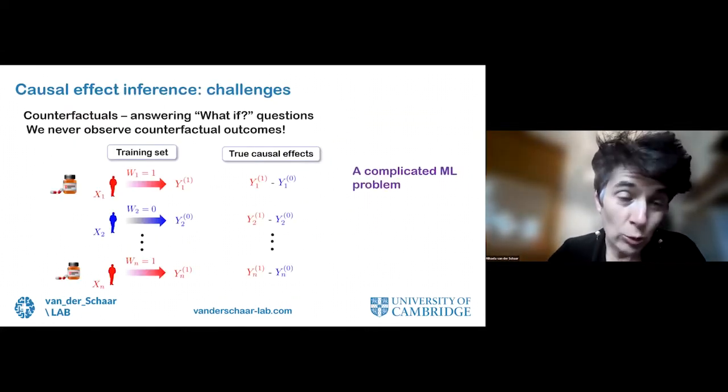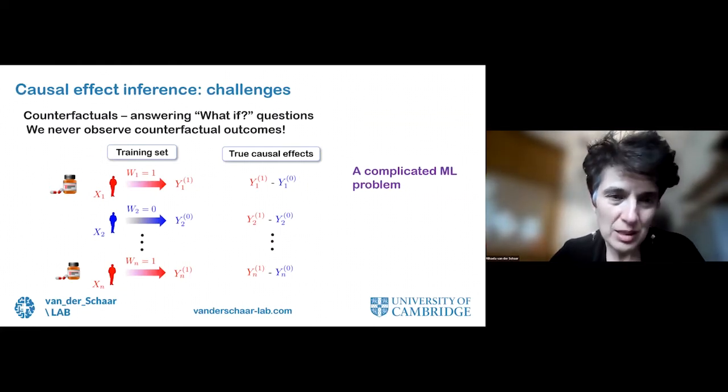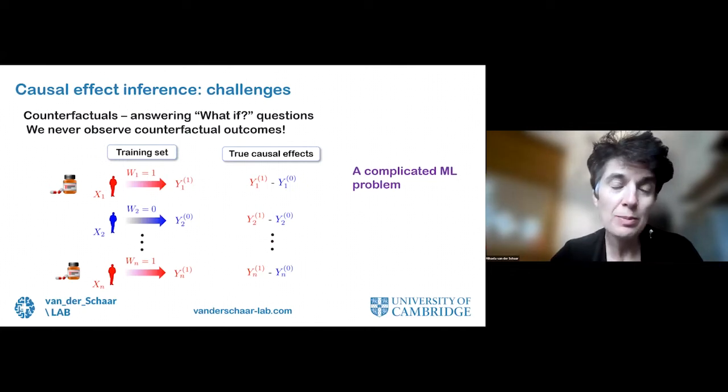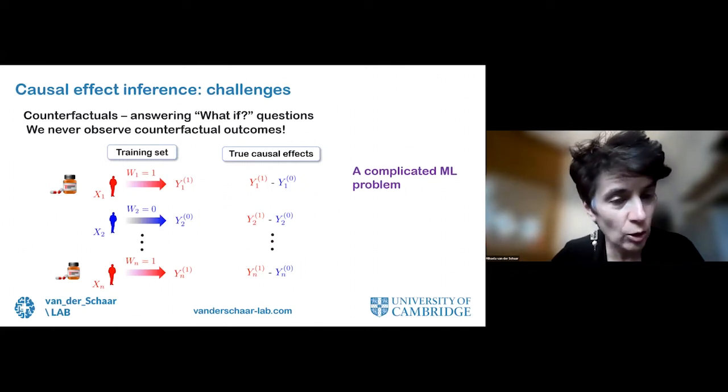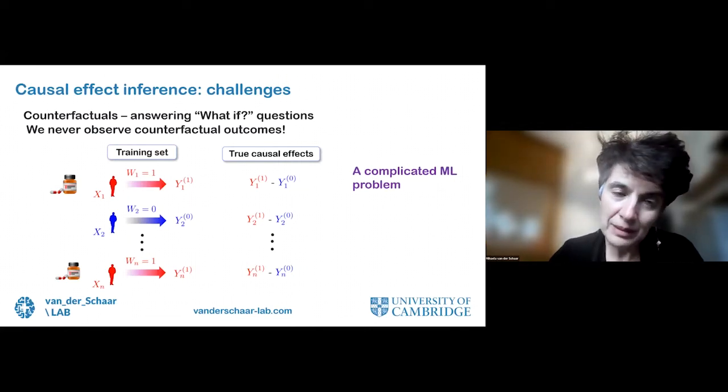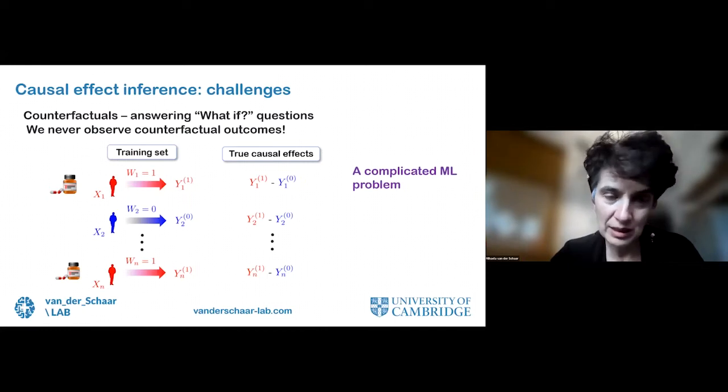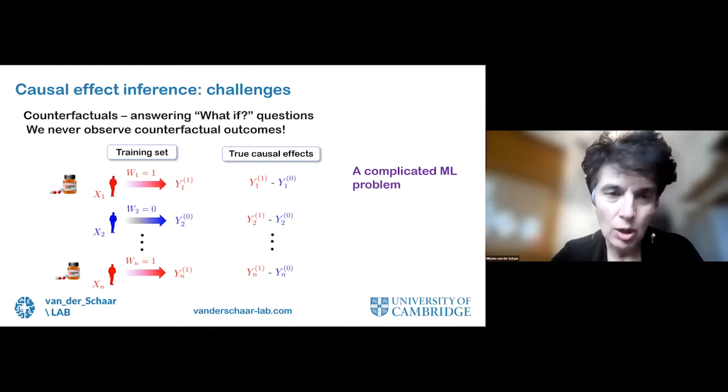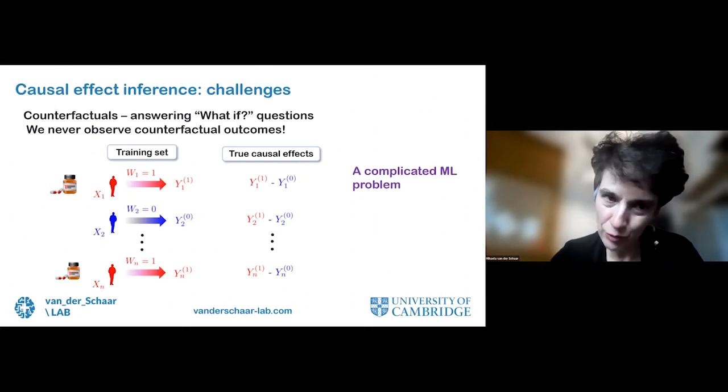And we do not have counterfactuals. We do not know what would have happened if these patients would have been treated with another drug or would not have been treated at all. What would have happened if they were treated with another dose or at a later moment in time? And this is a very complicated machine learning problem. In fact, much more complicated than any translation problem or than playing games of Go.